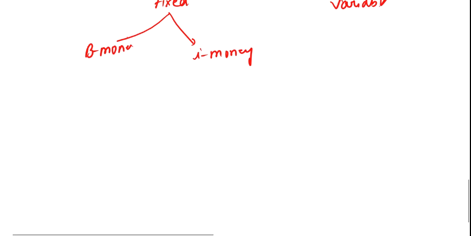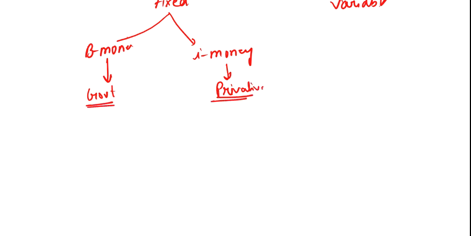Clear? Now this comes from the government, this comes from the private institute. Clear? And they both have centralized as well as decentralized. This also centralized as well as decentralized. Clear?